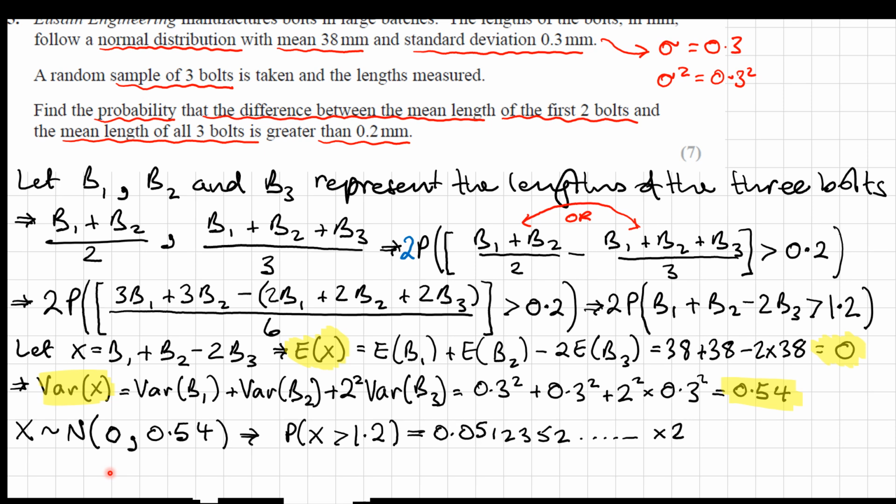The full number that I get is 0.10247704 and so on. We want to give an answer to 3 significant figures as usual, so 0.102. So that would be our final answer for this question.